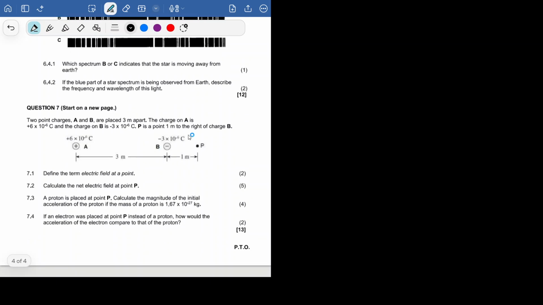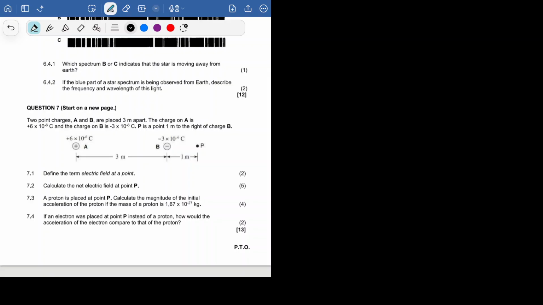7.3. A proton is placed at point P. Remember, a proton is a positively charged particle from chemistry. Okay.